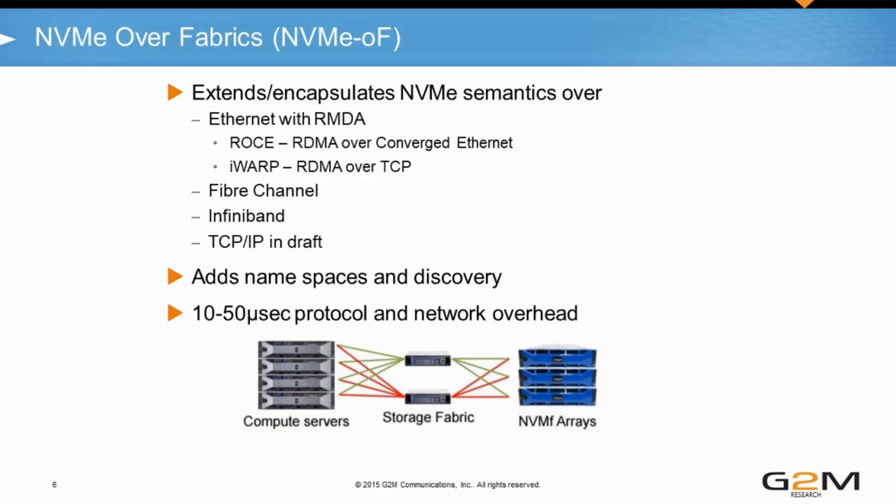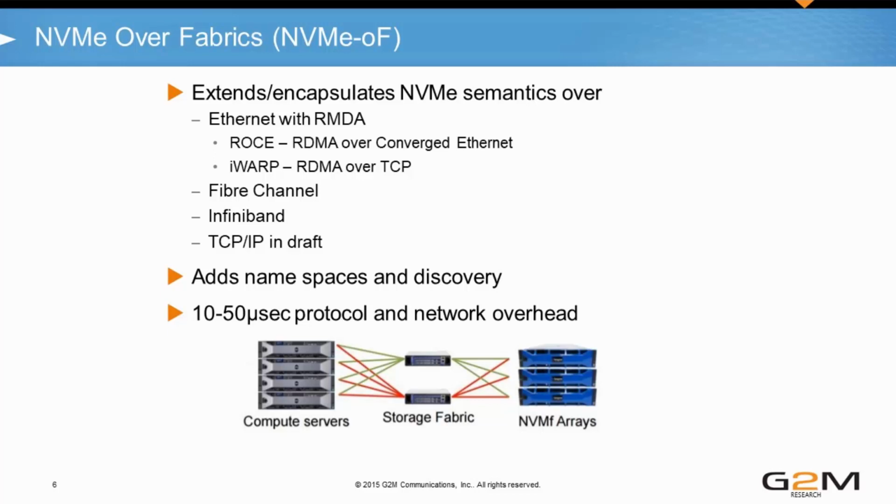And today that can mean, in the drafts available and the adopted versions of the standards, Ethernet with RDMA, and either flavor of RDMA: RoCE, RDMA over converged Ethernet, which requires the Ethernet extensions that were designed primarily to support Fibre Channel over Ethernet, or iWARP, the RDMA over TCP protocol.